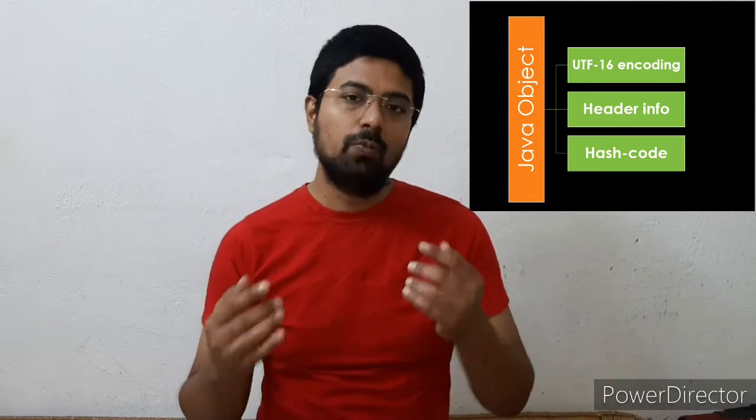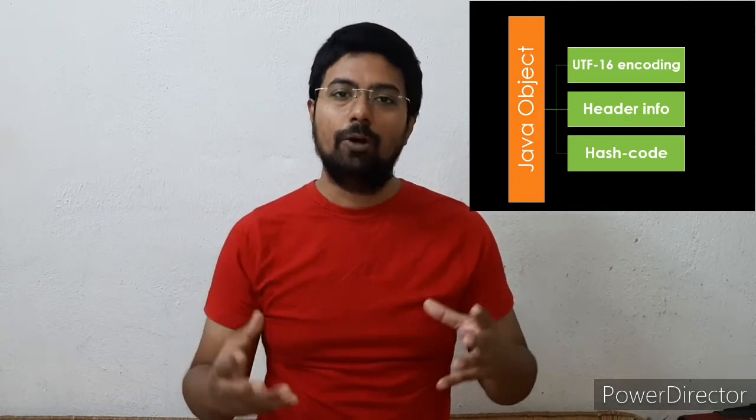Because if you think of a very small string, a few characters, a few bytes in UTF-8, when the JVM stores it as a Java object, it actually encodes it as UTF-16. That means 2 bytes for each character. Now there will be a header and a hash code generated, and that will add some extra bytes on top of that.